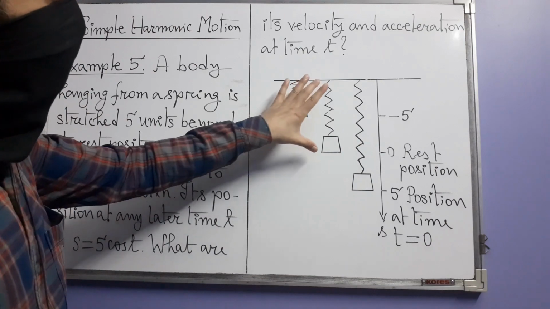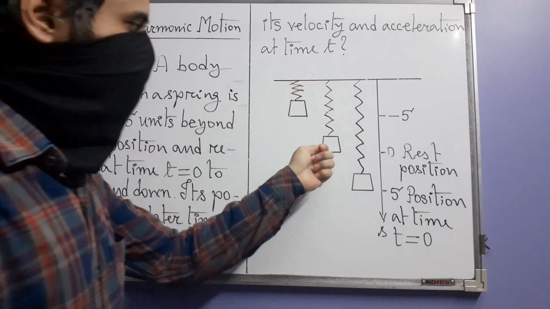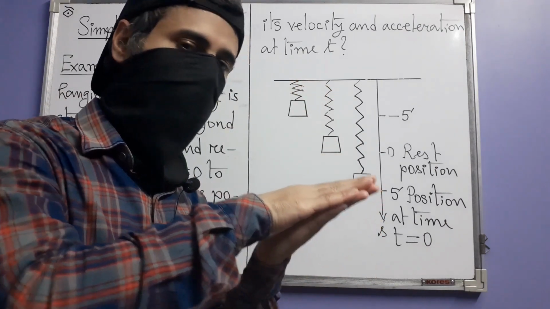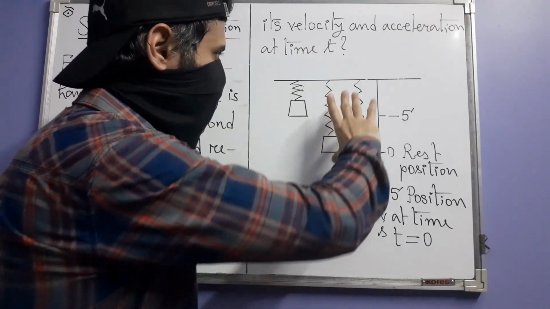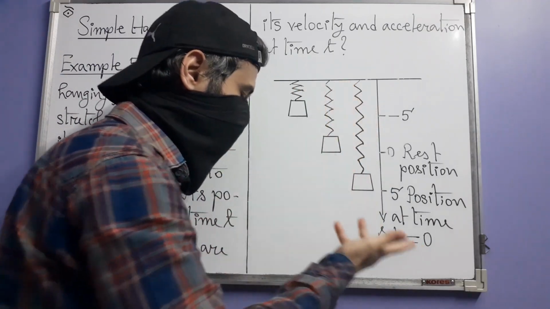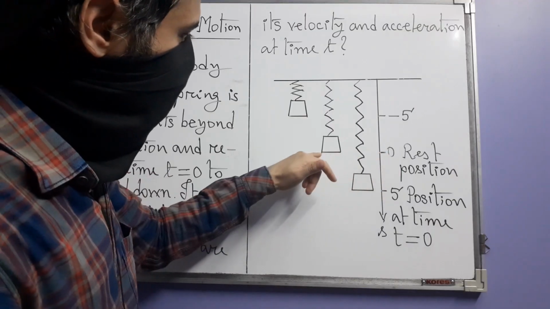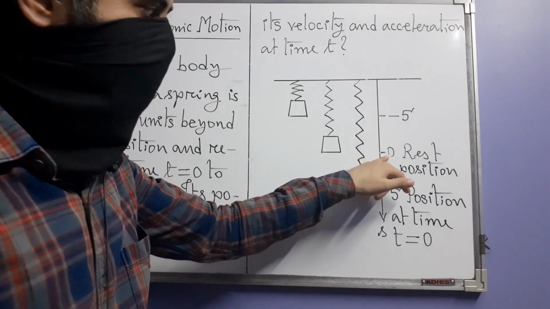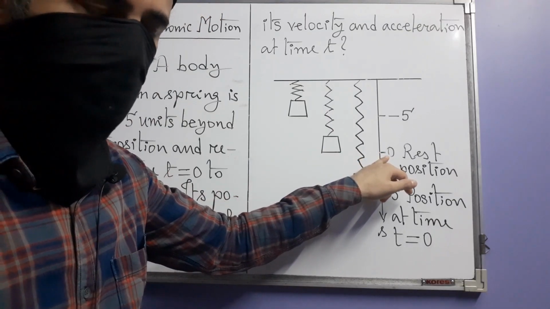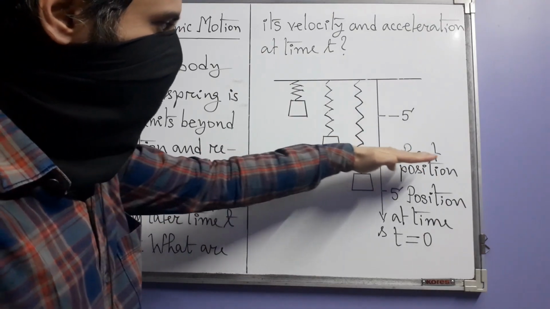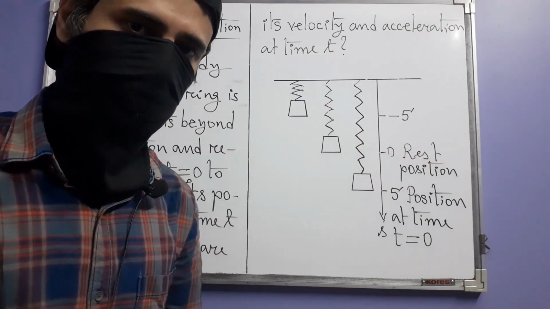Now initially when the system was like this, when you did not pull the body down, when you did not stretch the spring, you of course want to put 0 here on the position axis, which coincides with that rest position of the system.